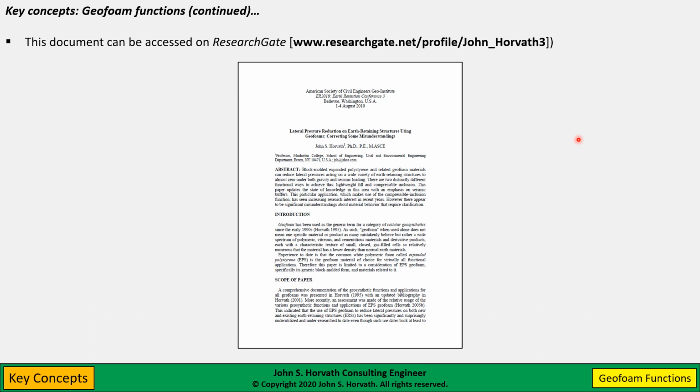I am emphasizing this point because this was the subject of a paper that I wrote about 10 years ago. It goes beyond just inefficient designs. It extends to academic research, where I think the interpretations made by the researchers were significantly flawed because the researchers did not understand the geofoam material and product they were using.